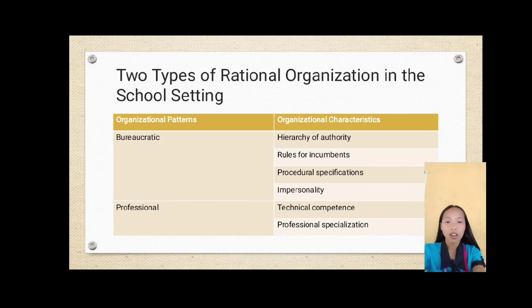Now, as you can see in this table, we have labeled the first set of characteristics as bureaucratic and the second as professional. This distinction calls attention to the potential conflict between authority based on technical competence and expertise, and that based on holding an office in a hierarchy, and to the potential incompatibility between professionalization and bureaucratization.